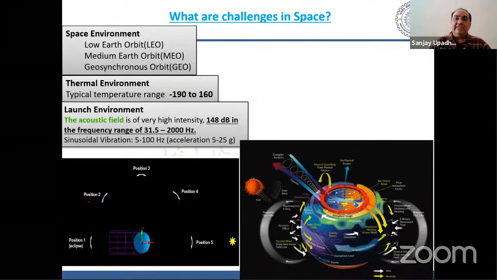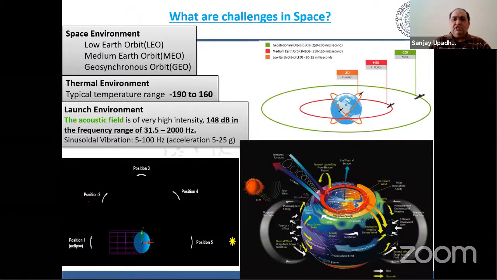So now what are the challenges in space? There are lots of challenges in space. The space environment has low Earth orbit, medium Earth orbit, and geosynchronous orbit, LEO, MEO, and GEO, also geostationary orbit.